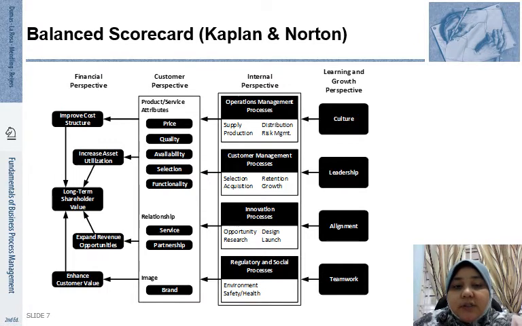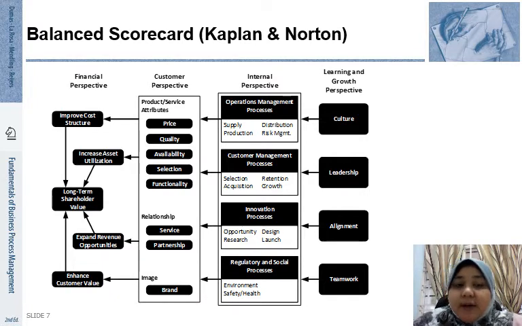Kaplan and Norton ni researcher yang come up with the strategy, the method. In this balanced scorecard, it provides 4 perspectives: financial perspective, customer perspective, internal perspective, and learning and growth perspective. Dia kata tadi holistic perspective kan, business strategy ni kita kena melihat secara menyeluruh. That is how it defines the strategy.